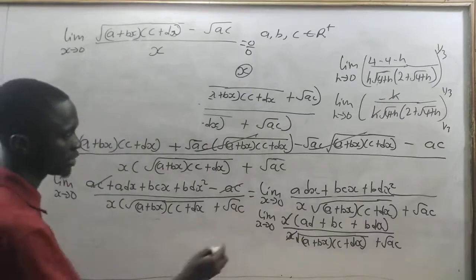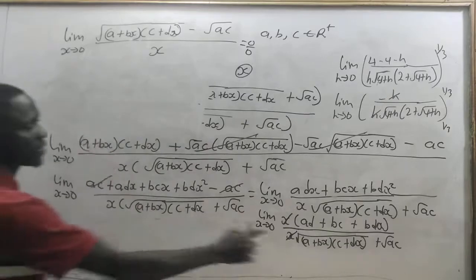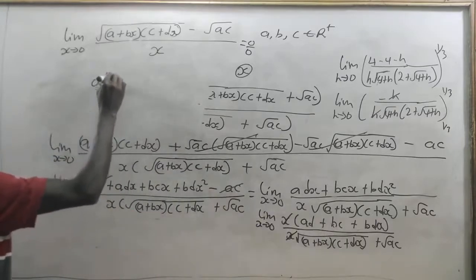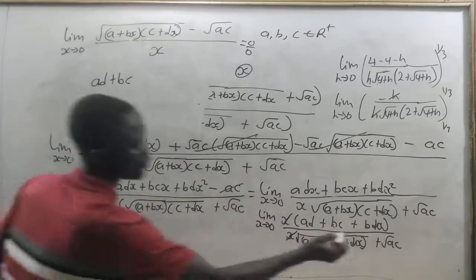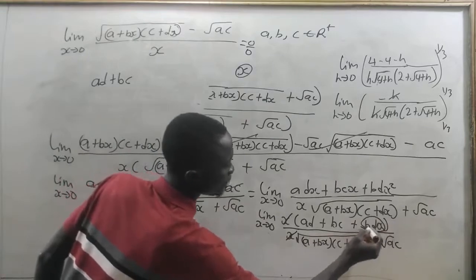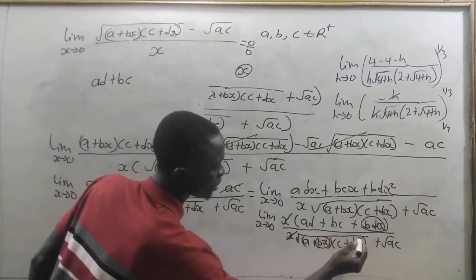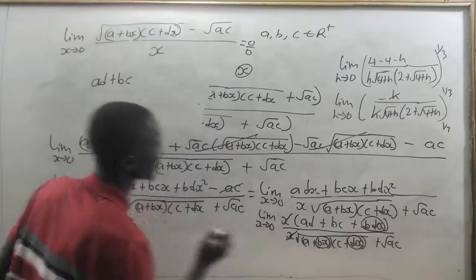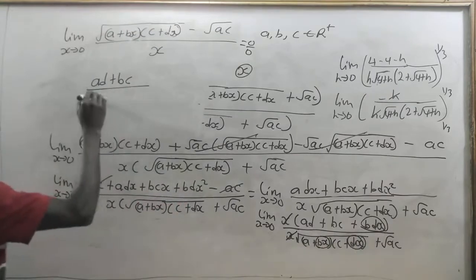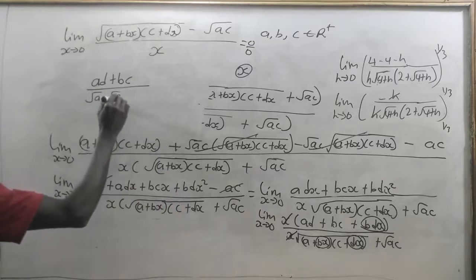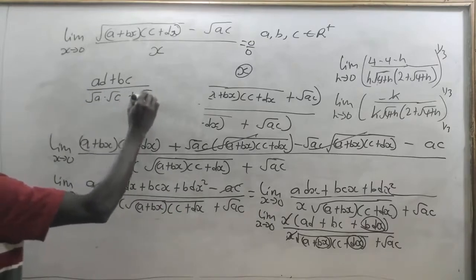So as x approaches 0, we are going to have AD plus BC. Because if we put 0 here, this one will become 0. If we put 0 here, this one will become 0. If we put 0 here, this one becomes 0. So you get the denominator as root A times root C plus root AC.